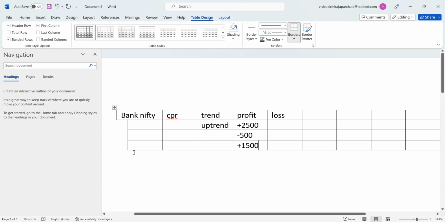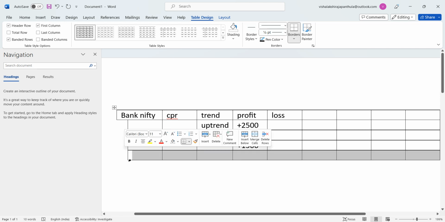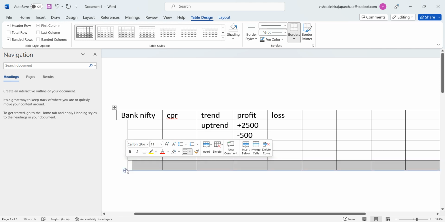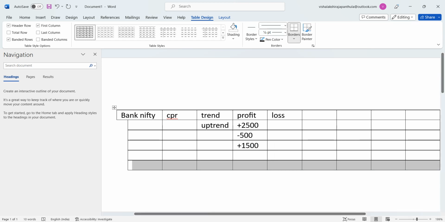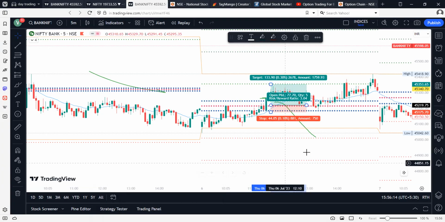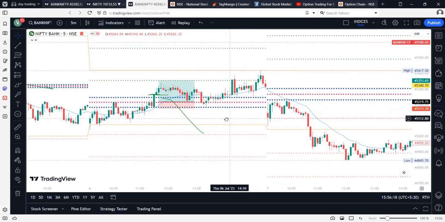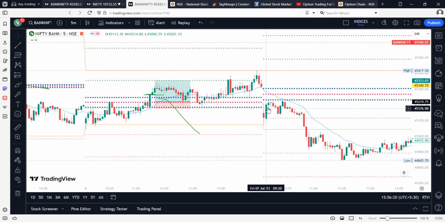Okay. Now, let's add one more here. Now let's go to here in the charts. Now still the trend is uptrend, but the price is staying below the CPR.